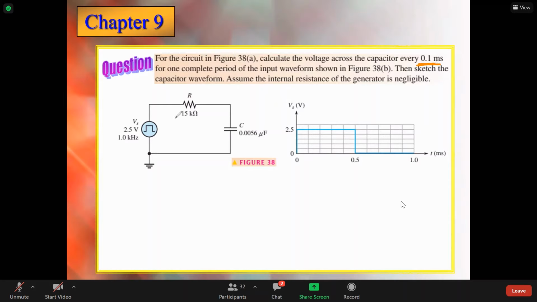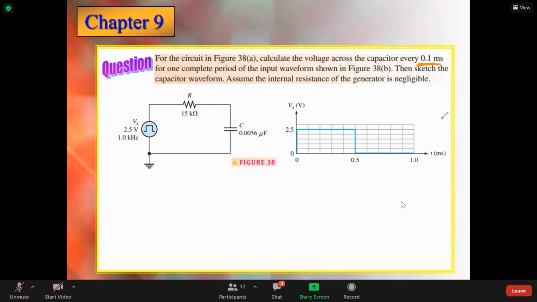Here is the voltage source, and we divided it accordingly. It is given that it completes its cycle in 1 millisecond, and we divide it into 0.1, 0.1, 0.1, 0.1, that is 0.5. So it is divided like that. They want us to draw the waveform and check every 0.1 millisecond how much the capacitor will charge or discharge.